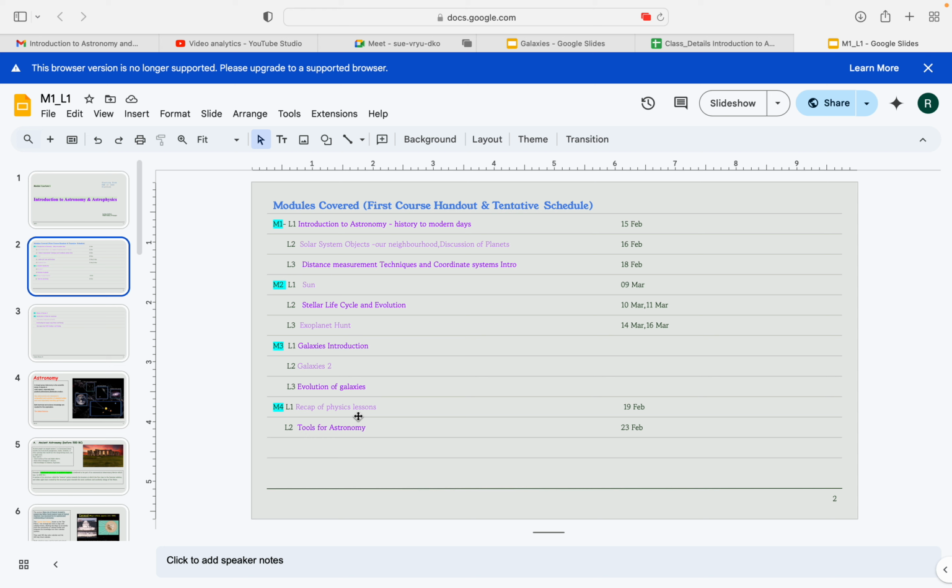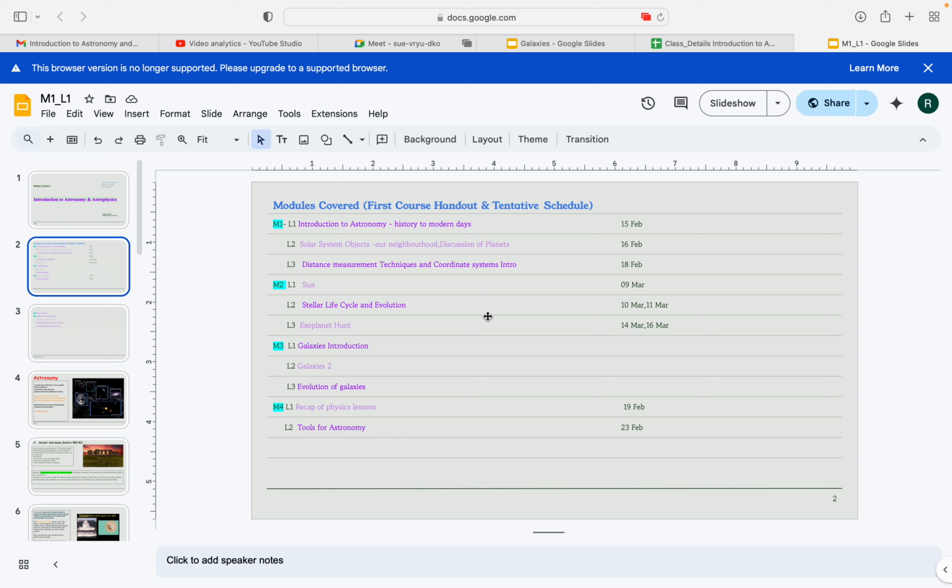And next we introduced two different kinds of telescopes and the tools of astronomy, and a few terms which are very related to observation of astronomical objects were discussed. Also for module 4 we will have another, the last class, where we will recap the whole of module 4, but that will be later in the course.